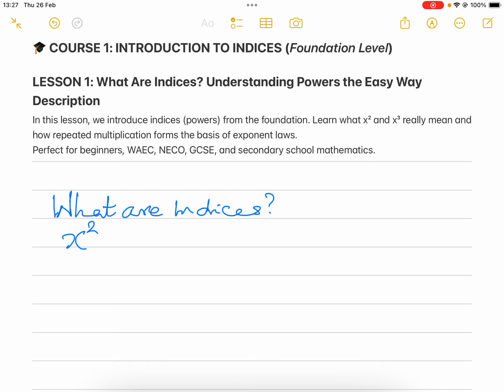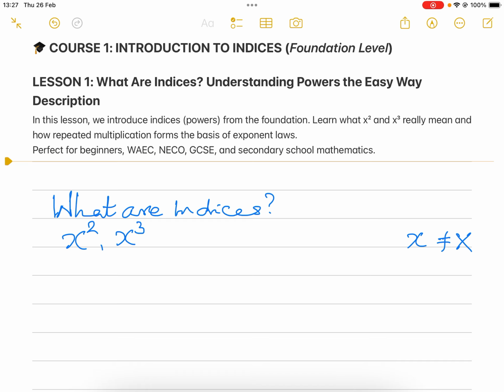So when you have x raised to power 2, I want you to observe the way this x is written so that you can distinguish it from the multiplication sign. Look at the x in indices. It's not equal to the x for multiplication sign.